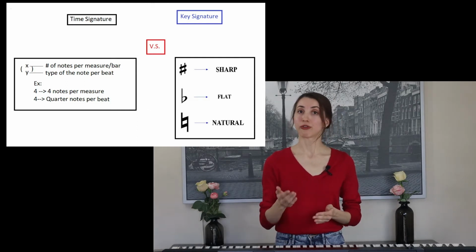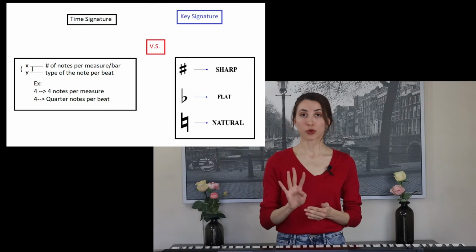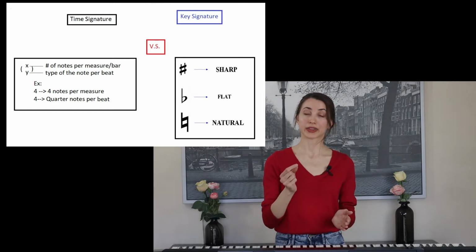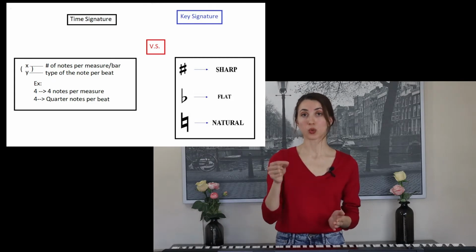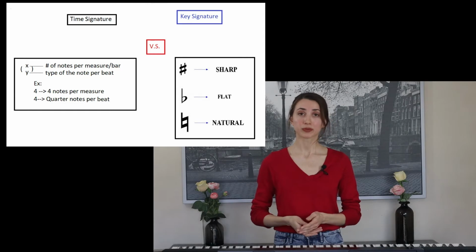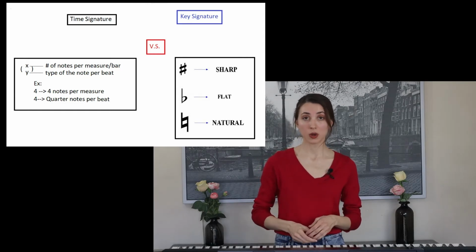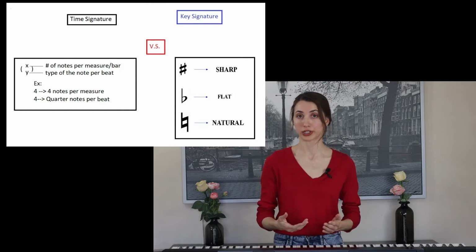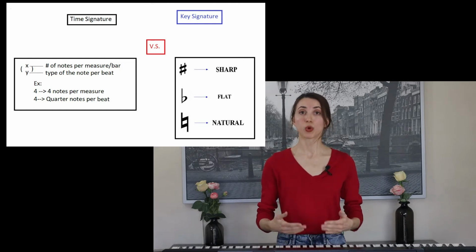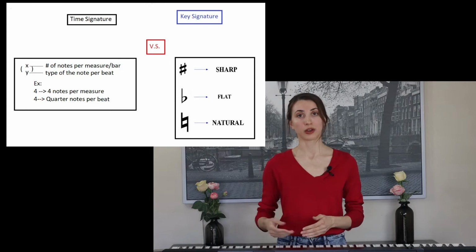For example, if you have 4/4, that means you have 4 beats in the measure, and the beat is the crotchet, or the quarter note. If you missed that video, make sure to go back and watch it because it's very helpful and important. I'll be covering more and more time signatures along the way.